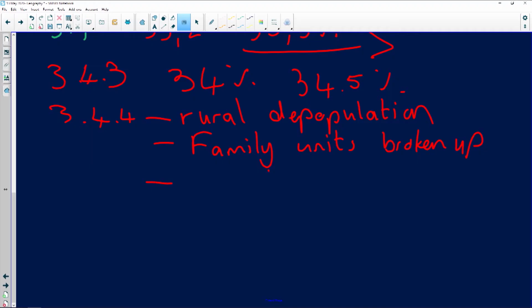So now all of a sudden there's no more jobs available. So what happens? Many families, the units are being broken up. And many families sometimes create themselves a new family somewhere else, leaving an aging population. We usually just find old people in the rural areas.